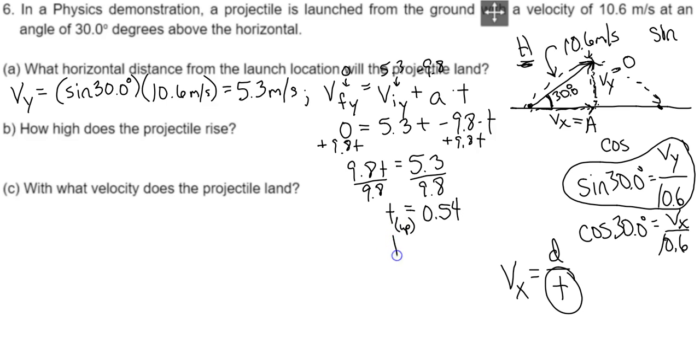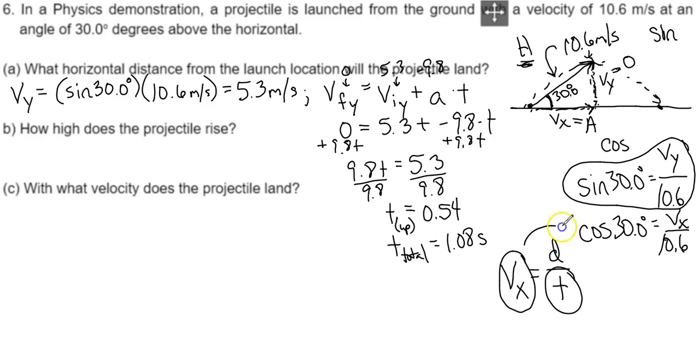So the total time that it spends in the air is just that multiplied by 2, so we get 1.08 seconds. That gives us the total time. Now we can plug that into our standard velocity equation, right after we figure out what the velocity in the x direction is.